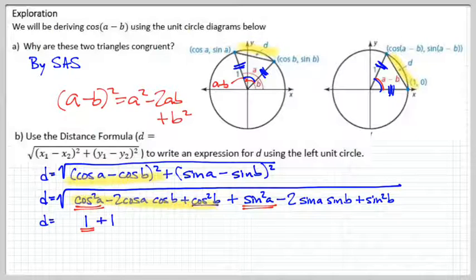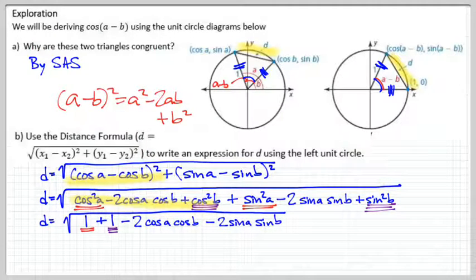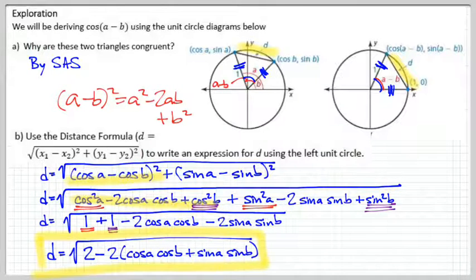Also, over here, cosine squared B plus sine squared B, that's also equal to 1. Then there's nothing we can do with the last part in terms of combining it. And then I'm just going to add 1 plus 1. We get this. That's the distance of this segment here.